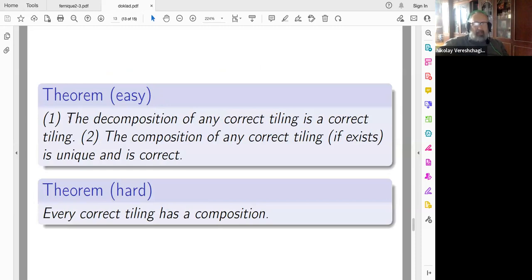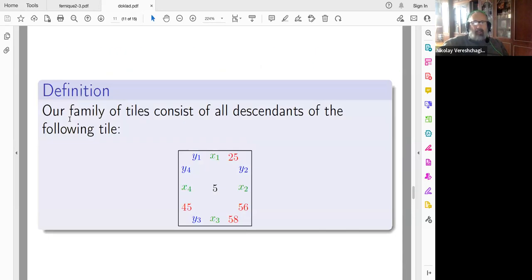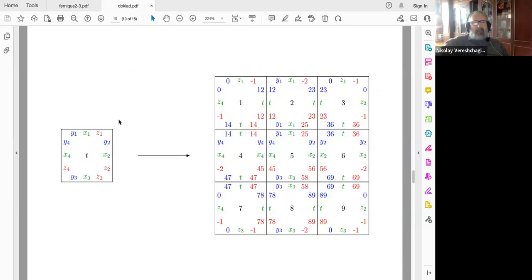The decomposition of any correct tiling is a correct tiling. Let's see why this is. Assume that we have a tiling of the plane by such tiles, and then we substitute each tile by this 3 by 3 square.